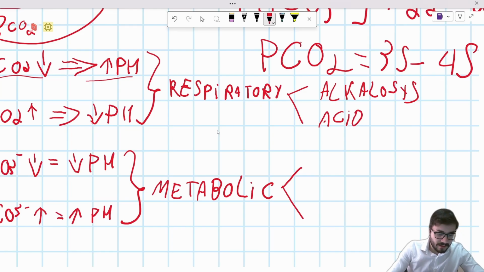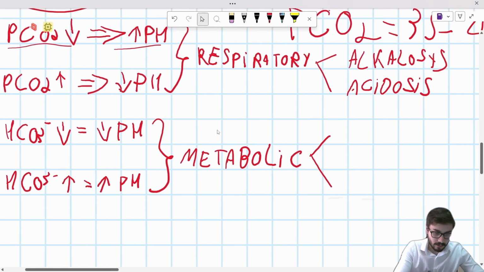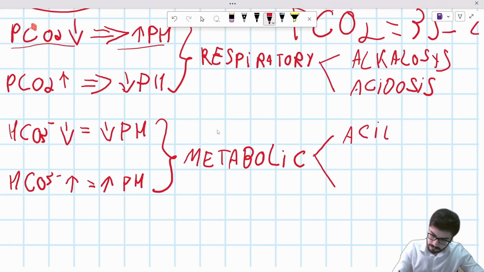And the same thing for bicarb. If the bicarb goes down and we have a low pH, we'll end up with a metabolic acidosis. And if the bicarb goes up, the pH goes up, we end up with metabolic alkalosis.